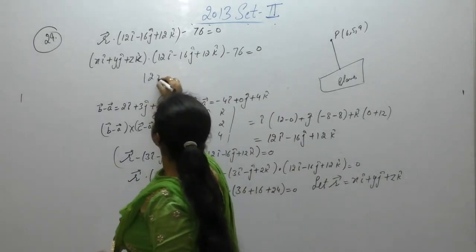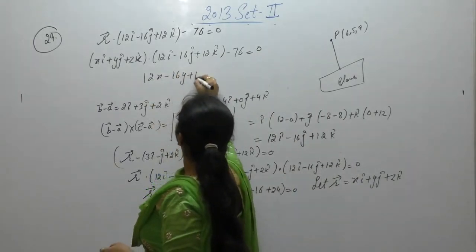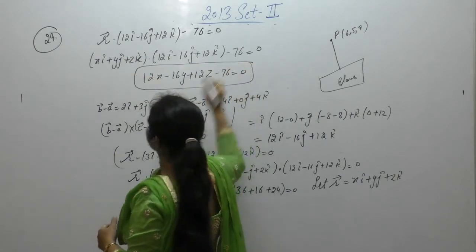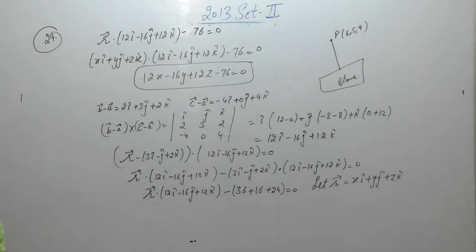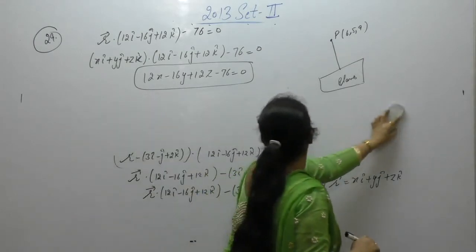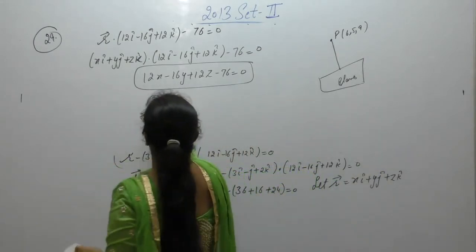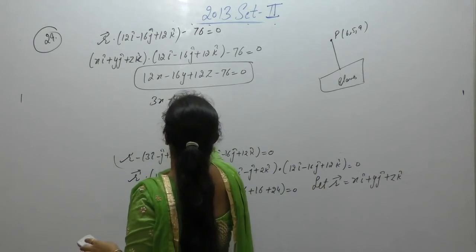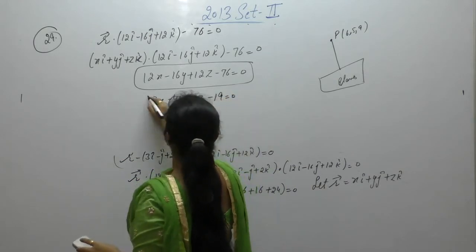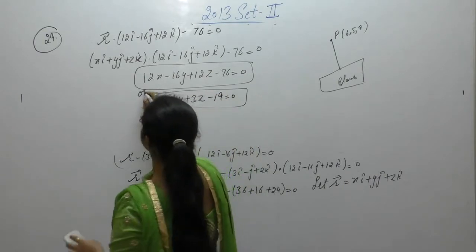So 12x minus 16y plus 12z minus 76 is equal to 0. This is the Cartesian equation of the plane. By taking 4 common, 4 into 3, 4 into 4, 4 into 3, 19. So this is the Cartesian equation.